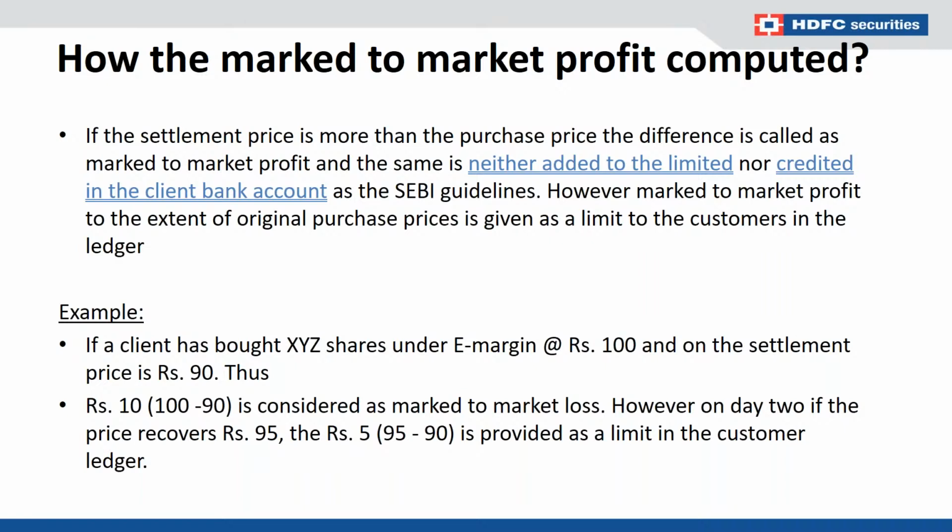But as per SEBI guidelines, neither is the profit added to your limits nor is it credited to your bank account in case the price of the stock goes above the buying price. The profits will not be credited.